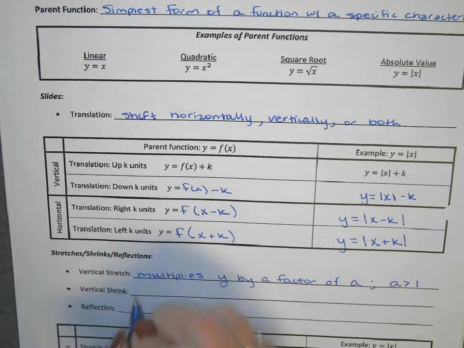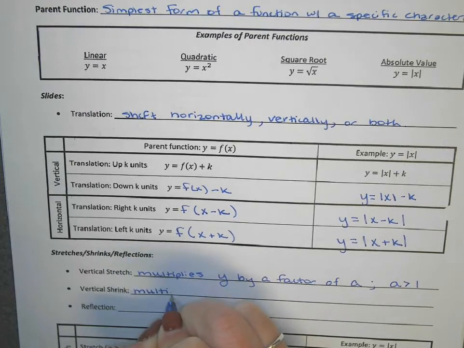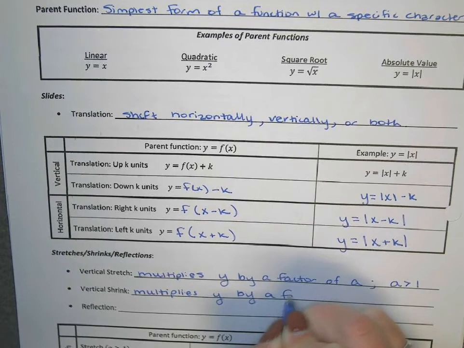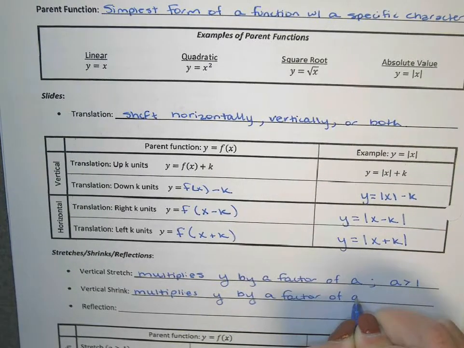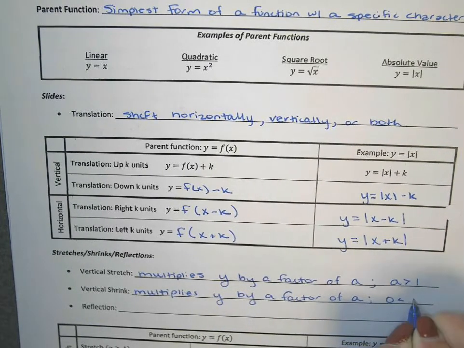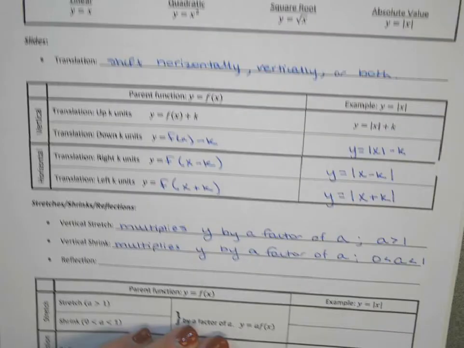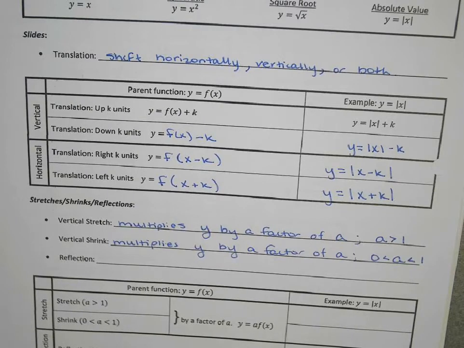If you multiply by a factor of a, and a is between 0 and 1, it's going to be a shrink. If you multiply by 1/2 or 3/4 or 2/3, those numbers are going to get smaller.